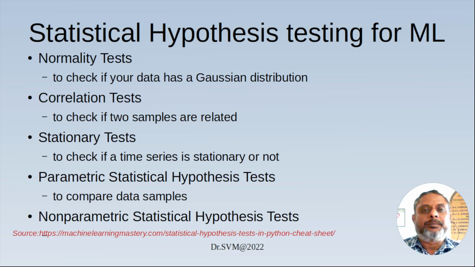These are the various statistical testing methods described in the paper mentioned here, machinelearningmastery.com statistical hypothesis testing, in the Python cheat sheet. Thanks to the author for compiling all these 17 methods in one place, and I'm trying to put that in the form of a video.